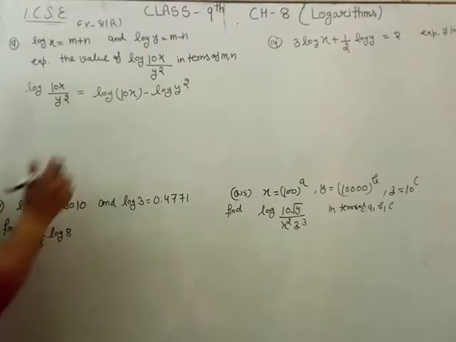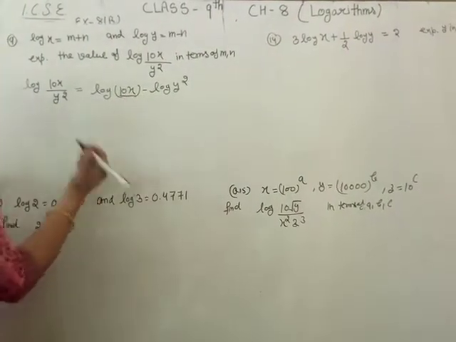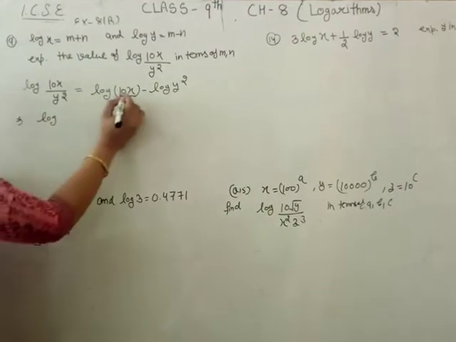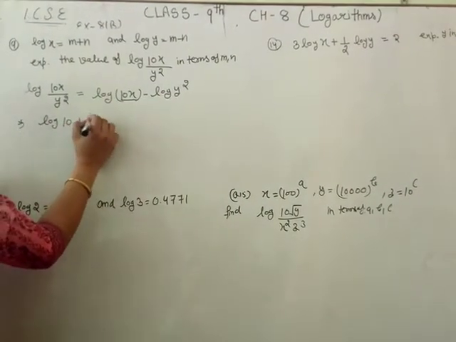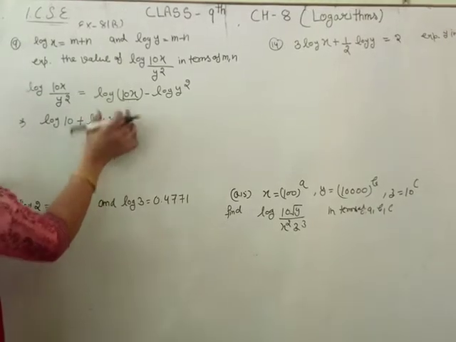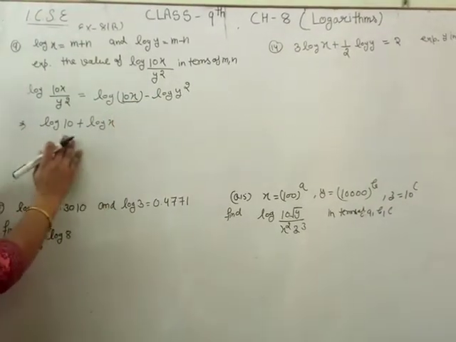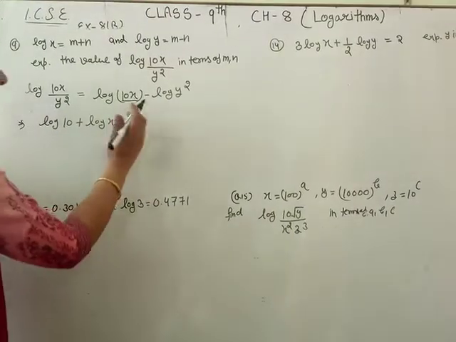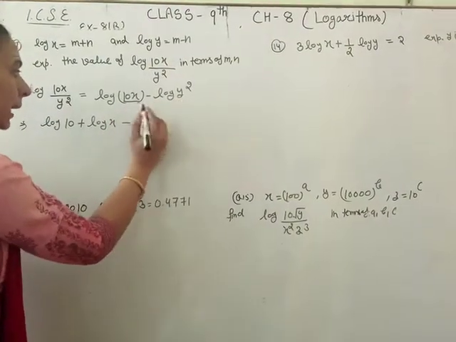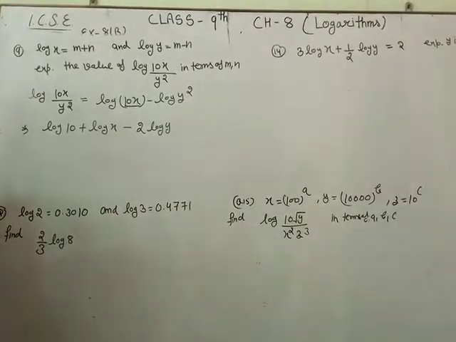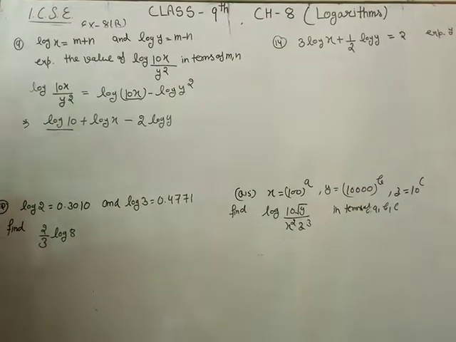Then according to the product law, we write log 10 plus log x, minus, according to the power law, 2 log y. Okay student, next, what is the value of log 10?